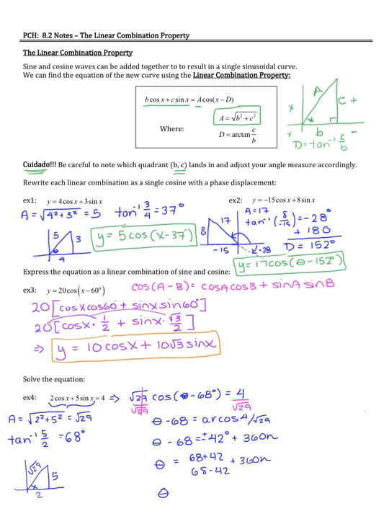So our final solution, please do not ever leave me anything to have to work out for you, is going to be 68 plus 42 gives me 110 plus 360n. 68 minus 42 is 26 degrees plus 360n.